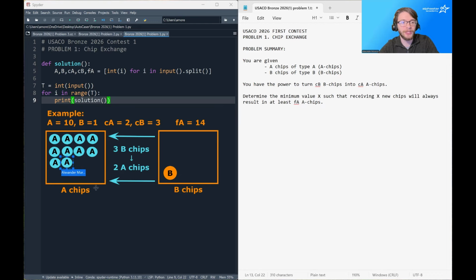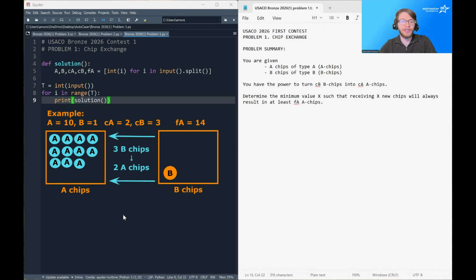And the question here is sort of what is the worst way to produce more A chips? One method of producing more A chips is just to give myself more A chips, right? I could just copy and paste and give myself a bunch more A chips until eventually I reach 14. And that would require giving myself 4 more chips.